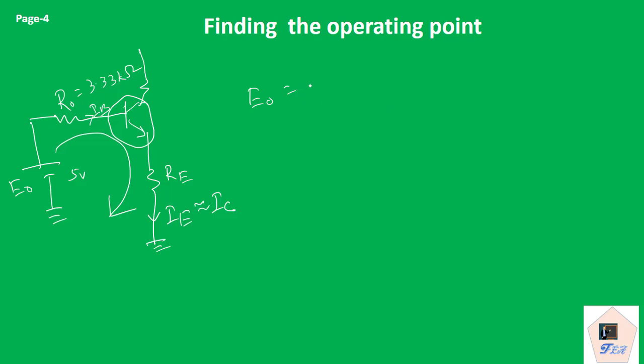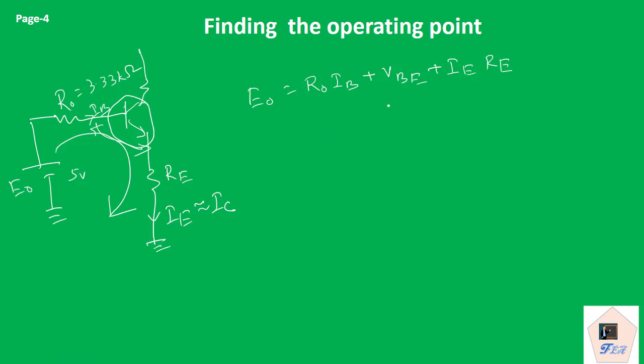So E naught is drop across this resistor, so R naught into IB, plus VBE, this drop we are considering, and plus IE into RE.